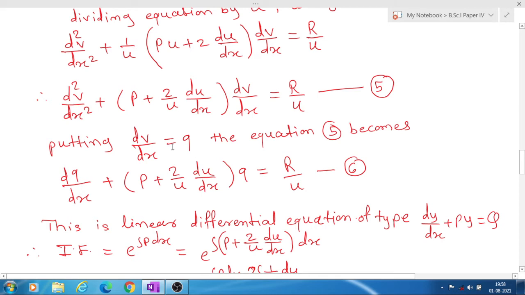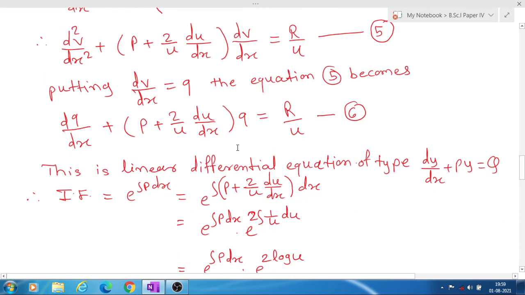Derivative of this q means derivative of dv by dx, that is d2v by dx square. Therefore, instead of this d2v by dx square, we write dq by dx plus this bracket as it is, and instead of dv by dx we write here q. This is equal to r upon u.